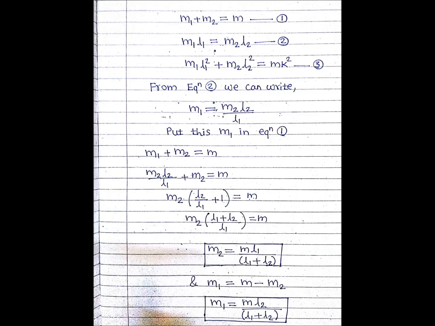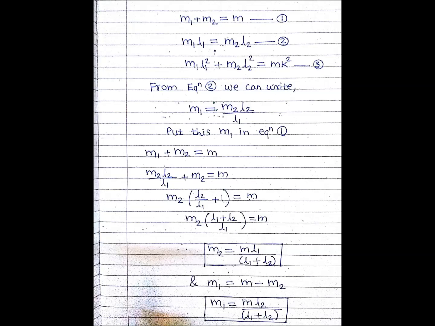For m2 it is equal to the total mass multiplied by the opposite arm, opposite to m2, and the arm opposite to m2 is l1, divided by the total distance between m1 and m2, and that distance is l1 plus l2.